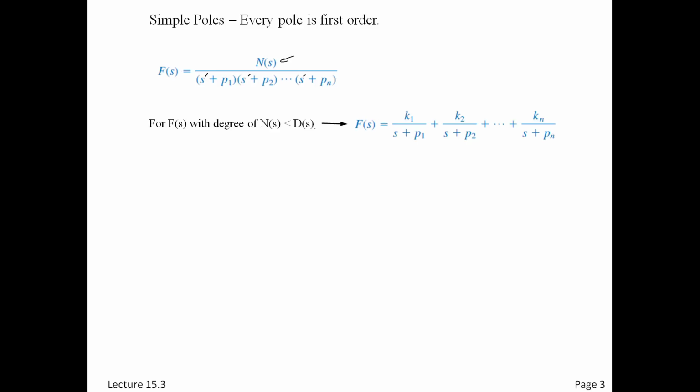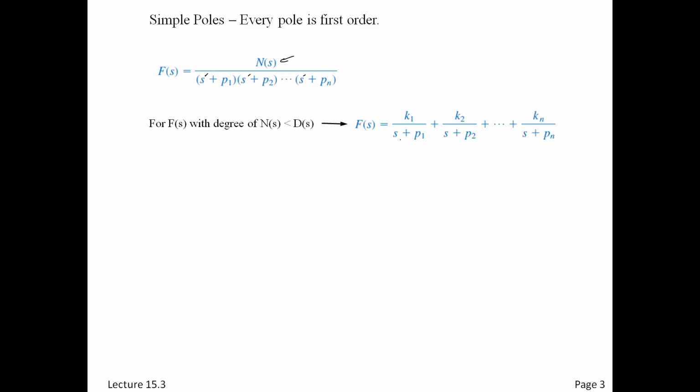But if the degree of the denominator is less than or equal to the degree of the numerator, and I were to try to recombine this, in other words, instead of expanding, I were to put it back together, I would end up with a power that's less than the power of the numerator.